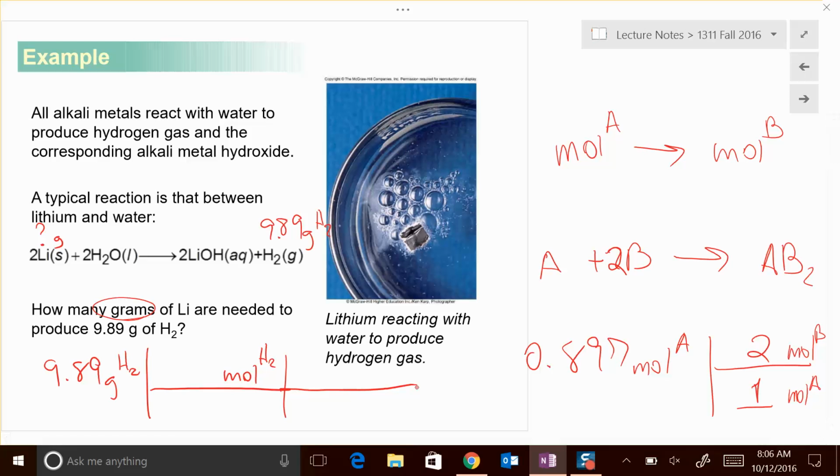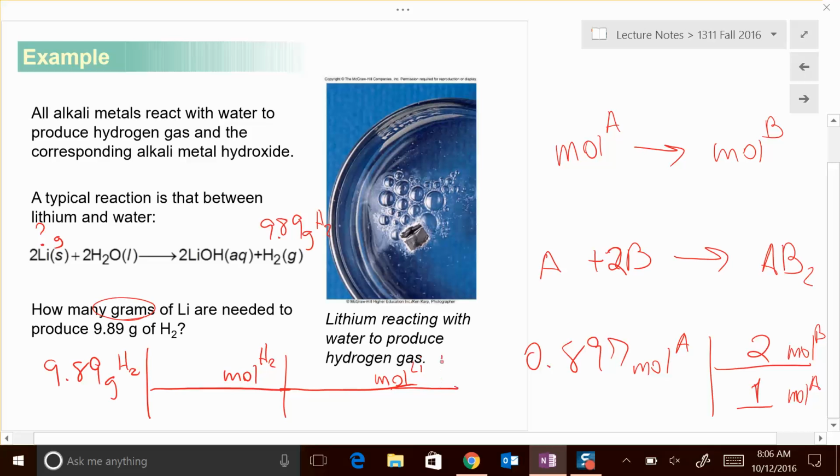That's right. Now I can go from hydrogen to lithium, but I can only do that when it's in moles. That's why I had to do the moles. This conversion right here is not part of stoichiometry. The stoichiometry is going from one thing to another thing, and that's what I'm going to do right now: moles of H2 to the moles of lithium.